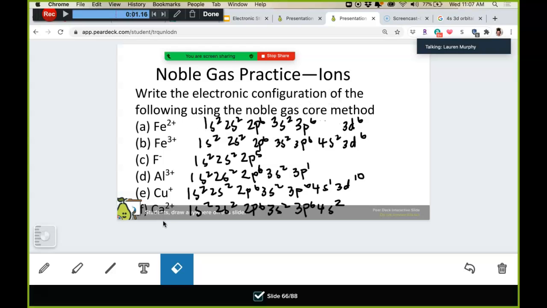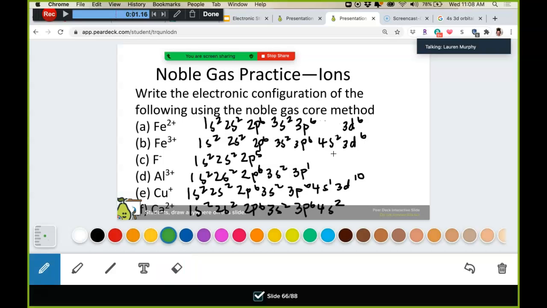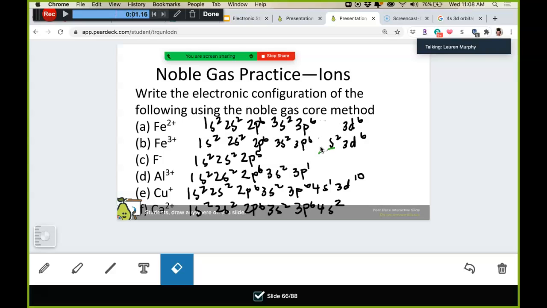Now remember, transition metals often have different oxidation states. They like to do +2, or sometimes they can be +3. So here is iron +2. Now let's look at what iron +3 would be. You need to remove 2 electrons from the valence shell first. This is my valence shell, so both of those are gone. But I have to remove a 3rd electron.